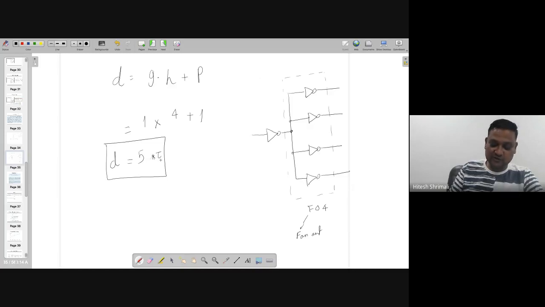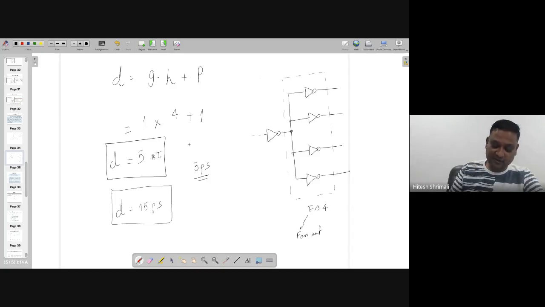So I know that tau is 3 picosecond already given to me. Each inverter has a time constant or delay of 3 picosecond. Then this FO4 is going to give me the delay of 15 picosecond, or you can say 5 times tau, where tau is depending on the technology.